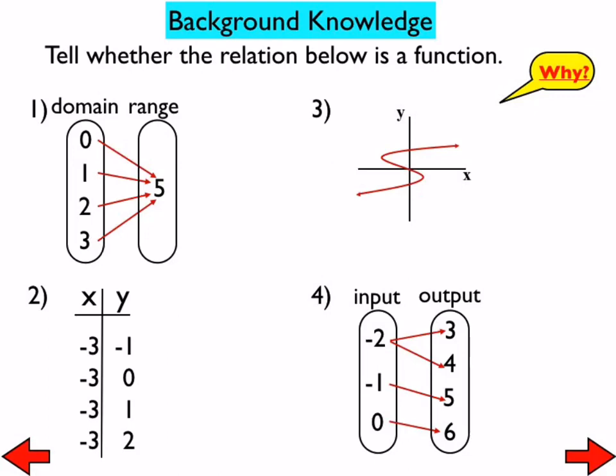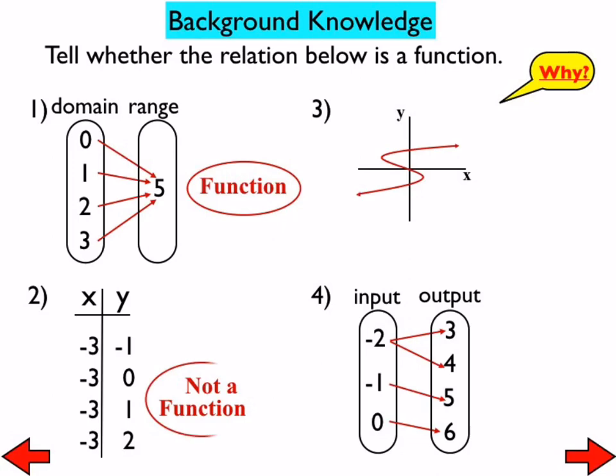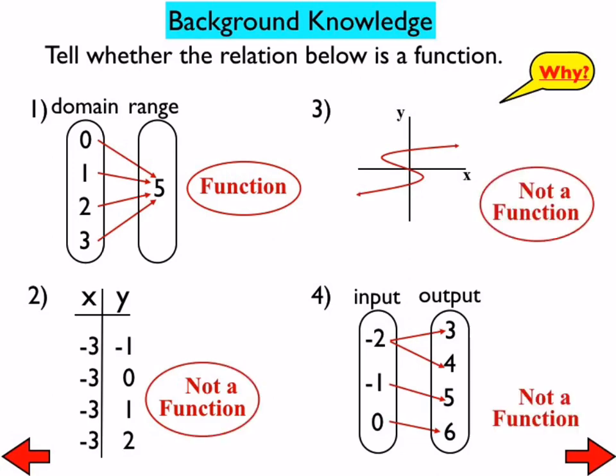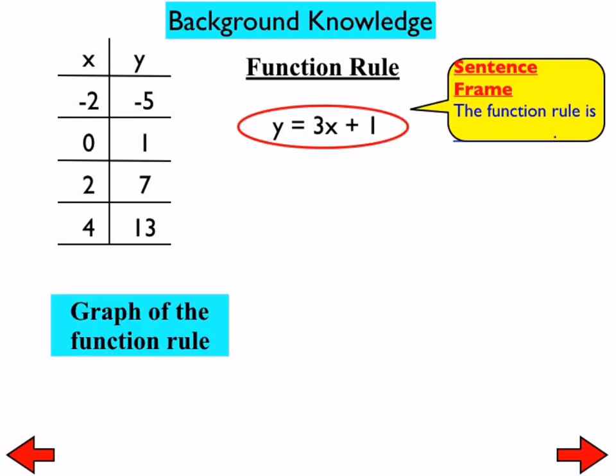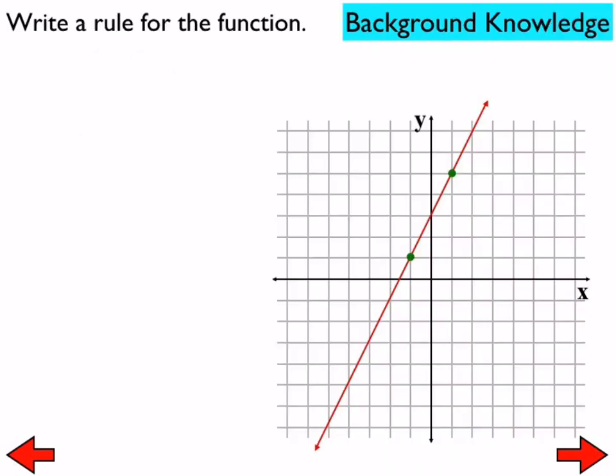So we've talked about how to determine whether a relation is a function based on a mapping or a table of values or a graph or a set of ordered pairs. We've also talked about how to find the function rule from a table or from a graph.